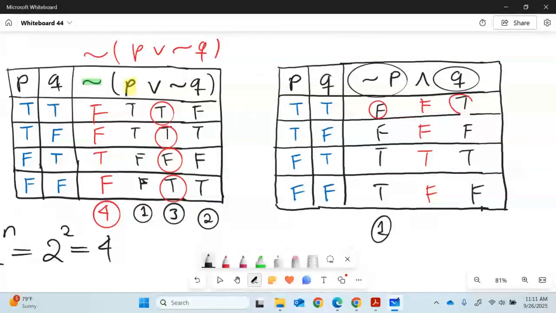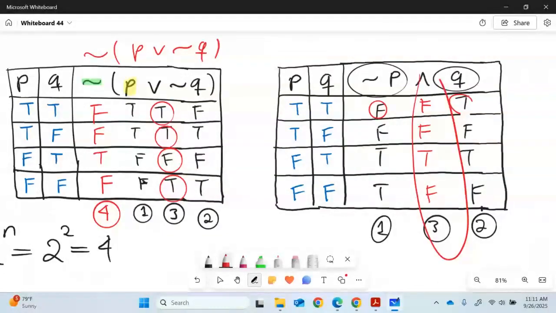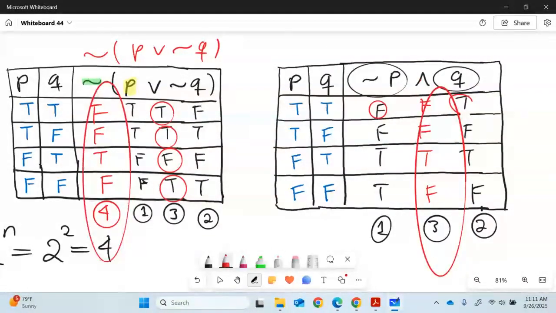I forgot to label this step 2, and this is step 3. As I look at the last columns, the last one that I did on each table, they have exactly the same truth values. On the first row, they have false, false, true, and then false at the end. So I can say that these statements are equivalent.